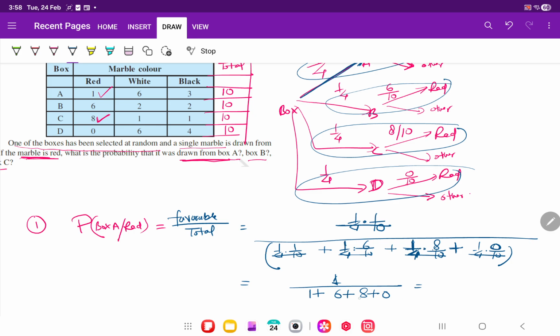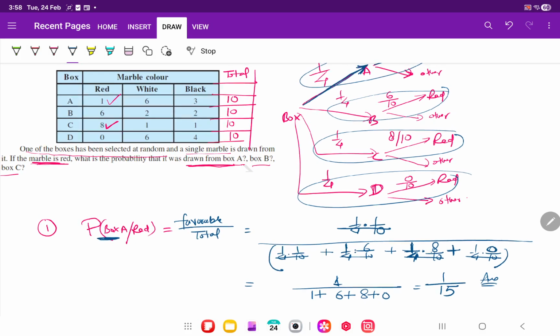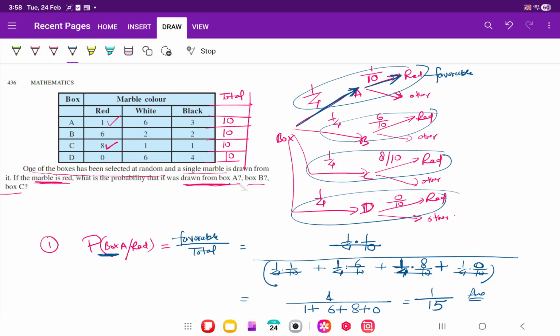So 1 plus 6 plus 8 is 15, this is 1 by 15, correct? So this is the answer, the probability that it was taken from box A. Understood?